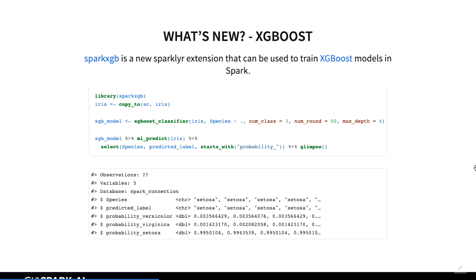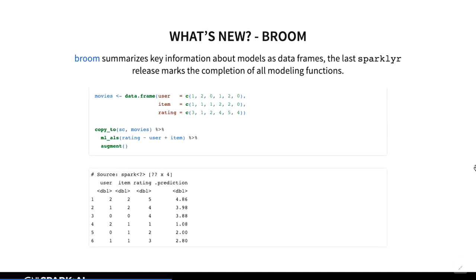You add the library sparkxgb, copy the data as usual, and then run the XGBoost classifier, which uses XGBoost to fit the model. The interesting thing is that it fits the model using Spark and the XGBoost Spark library, but it's straightforward on your end.